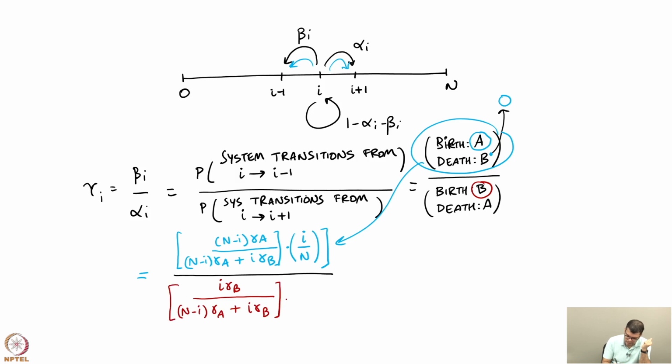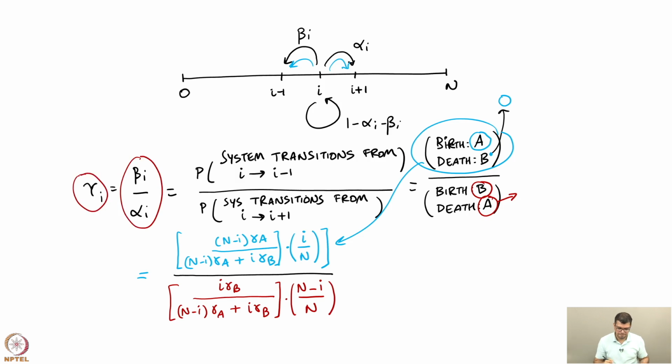And that has to be coupled with the fact that a death has to be of an A type individual, which is simply going to be proportional to the number of A type individuals in the population, which will be (n minus i) upon n. And this gives me the complete expression that I need for beta_i divided by alpha_i, which is gamma_i.